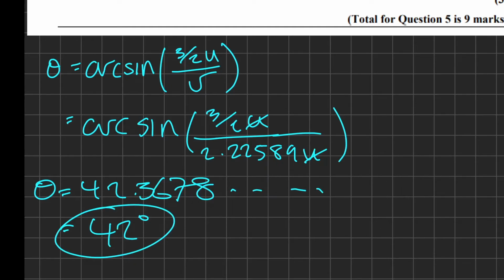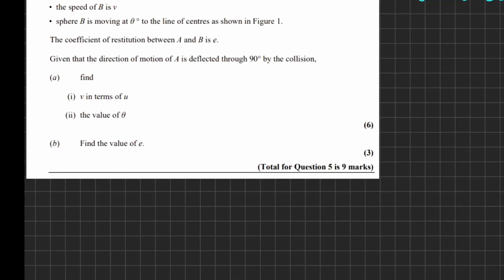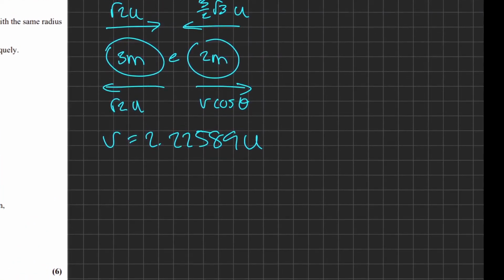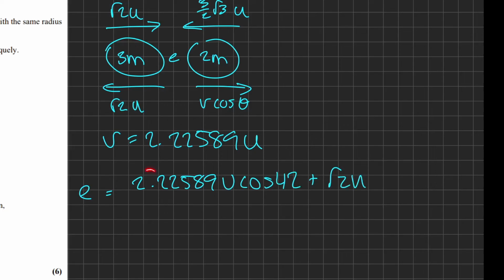So that's theta. For part B, we have to find the value of e. We know e is the speed of separation over the speed of approach. The speed of separation is found by adding these two velocities because they're in opposite directions. So e equals v, which is 2.22589u, cosine theta, which is cosine 42, plus root 2 u. What I've just drawn here is the speed of separation.